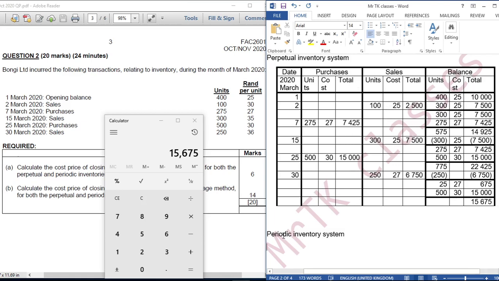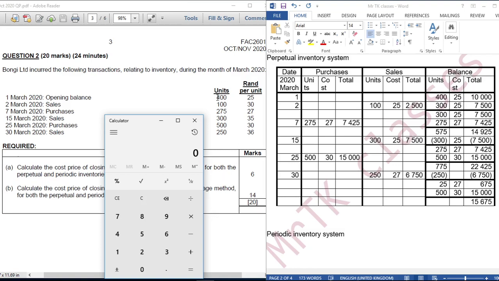We value our inventory after a certain period of time, like in this question, at the end of March. Since we are using the first in, first out method, how many units do we have as closing inventory? They are not indicated, so we need to calculate them.